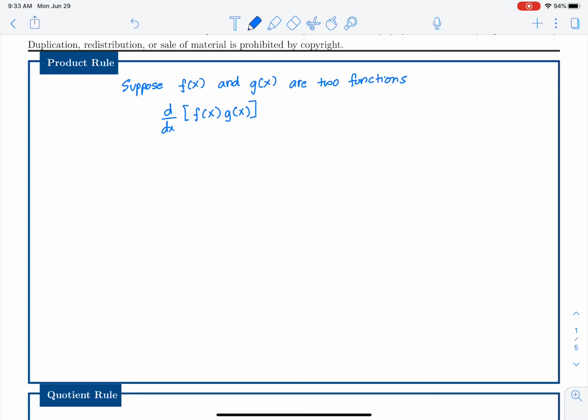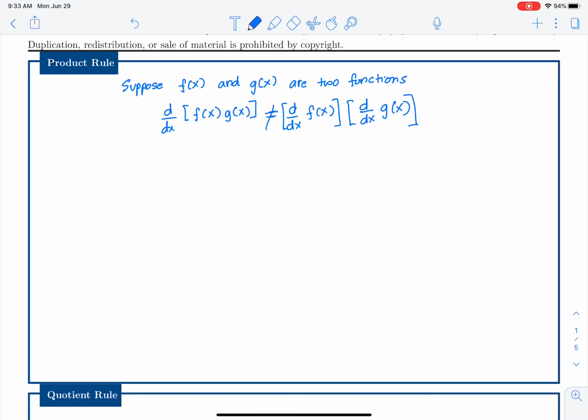Now, naturally, one might think, let me just write this as the derivative of f of x multiplied by the derivative of g of x. But this is not true.